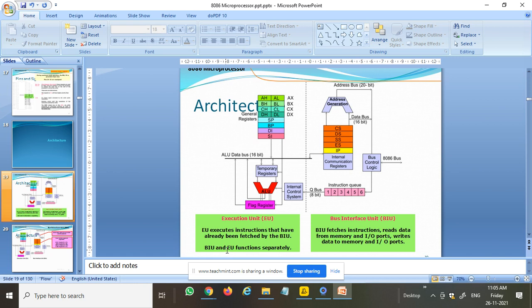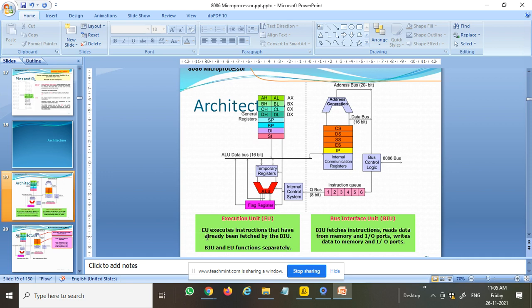These two units are separately operated in 8086. The function of the BIU unit is to fetch the instruction, read the data from memory or IO port, and also write data to memory or IO port.